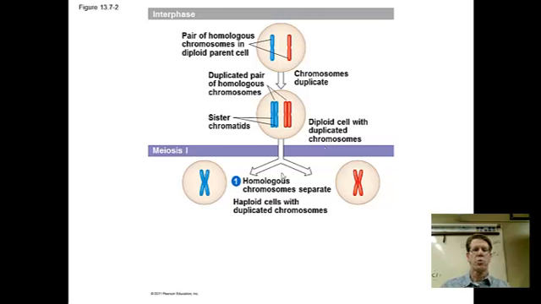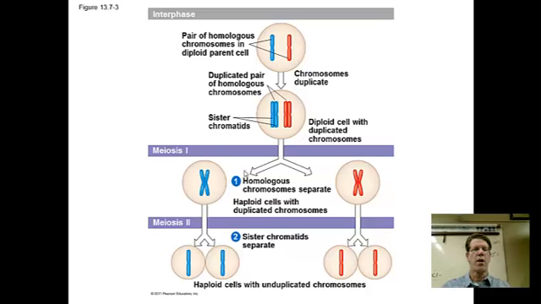In meiosis 1, homologous chromosomes are going to separate. Haploid cells with duplicated chromosomes then are going to be further separated as we go through meiosis 2. So now we're down to haploid cells here with unduplicated chromosomes.